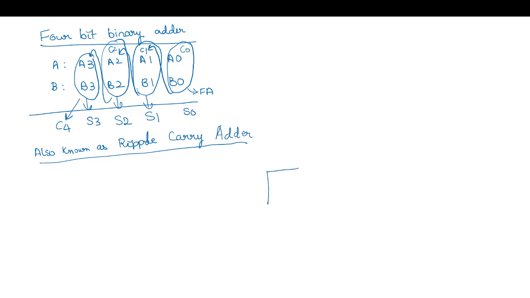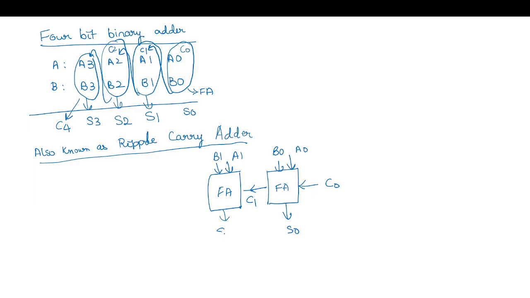So if C0 is the input carry, we need the first full adder to perform A0 plus B0, giving the sum S0 and carry C1. This is applied to the next full adder with the inputs A1, B1, and C1 as the carry, giving the outputs S1 and C2.